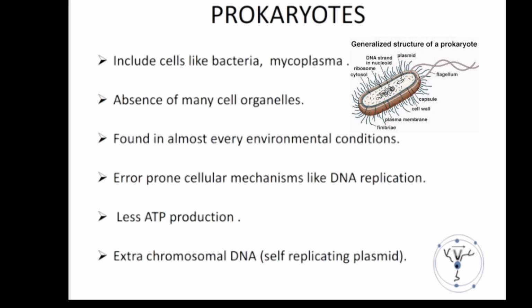One important feature for such cells, and a few of the prokaryotic forms, is the presence of an extra-chromosomal DNA, which is also known as a plasmid. The important characteristic of this plasmid is that it is self-replicating in nature. It does not require a specific assembly or a specific armory of enzymes to perform replication.